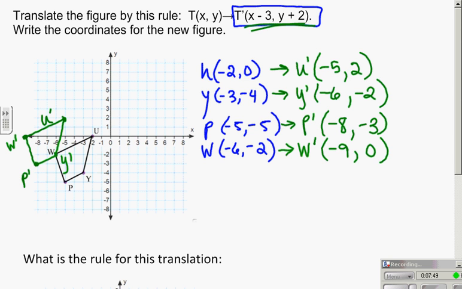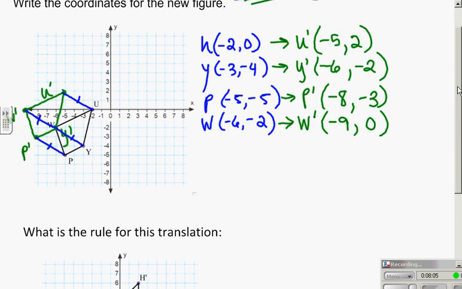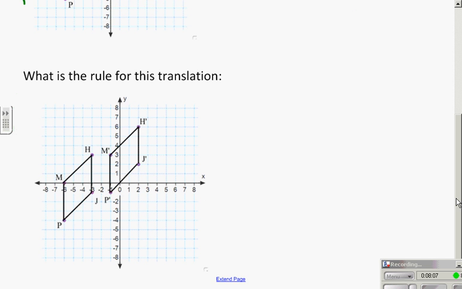And when you connect those, you can see that my picture has retained its shape. These distances would be the same where things get moved, and the orientation is also maintained.